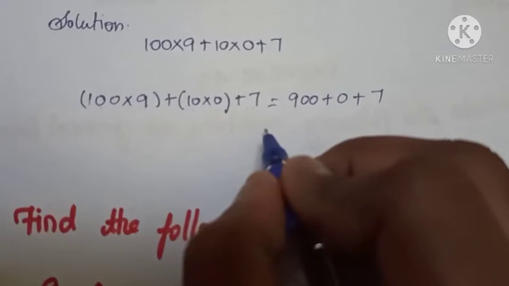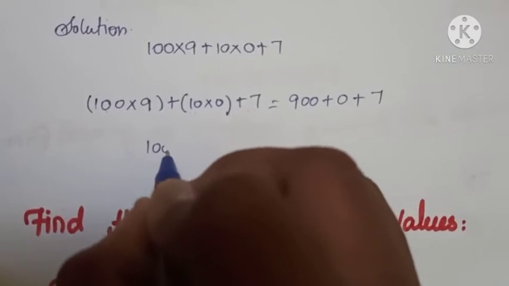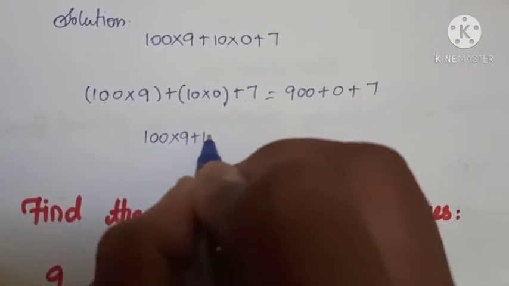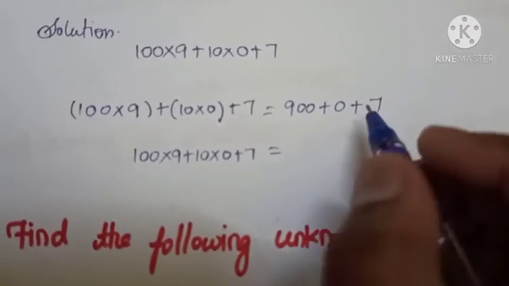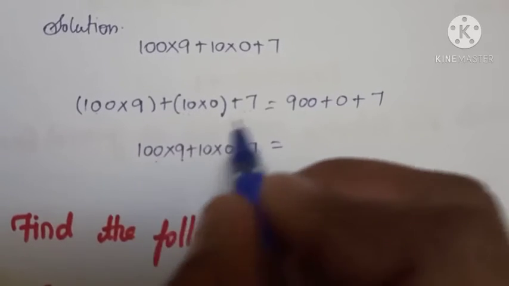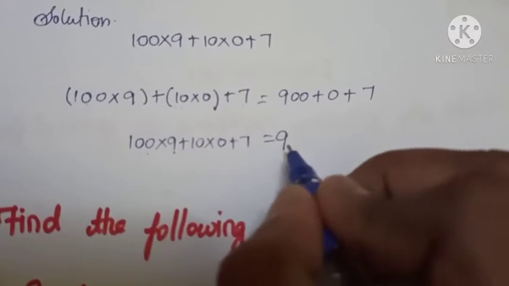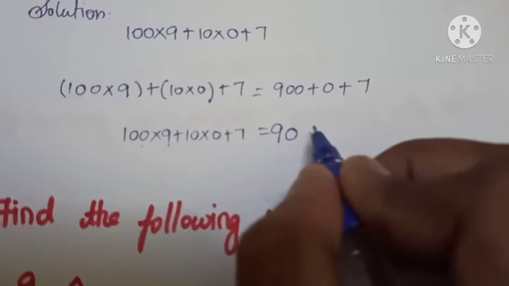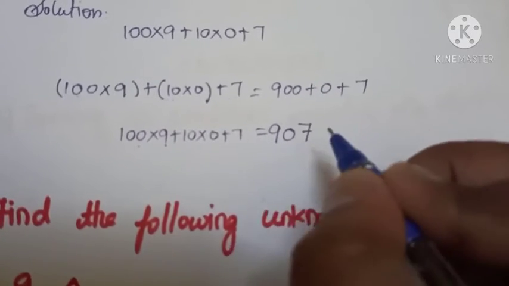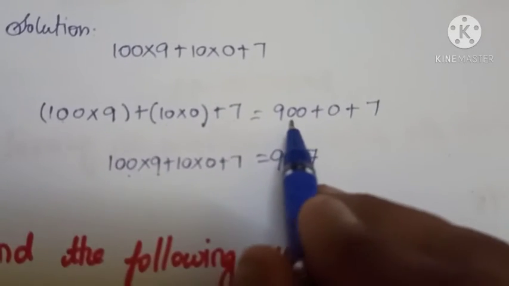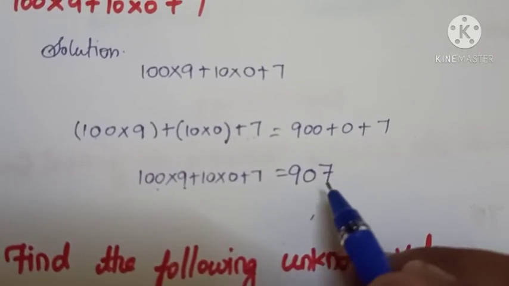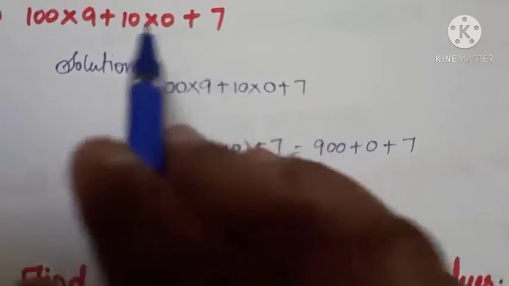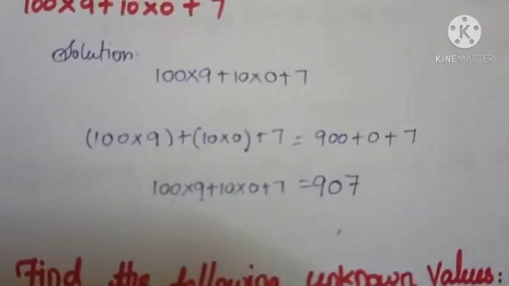So now you can write the question: 100 into 9 plus 10 into 0 plus 7 is equal to, you can see 9 is in the hundreds place, 0 is in the tens place, 7 is in the ones place. So now you can see the value 900 plus 0 plus 7, you get 907. So 907 is the standard form of the given general form of a number.